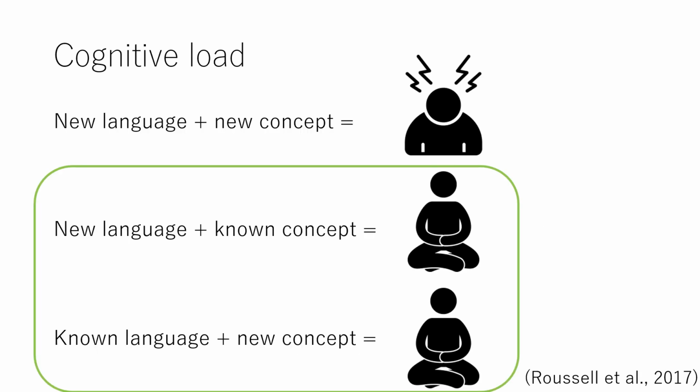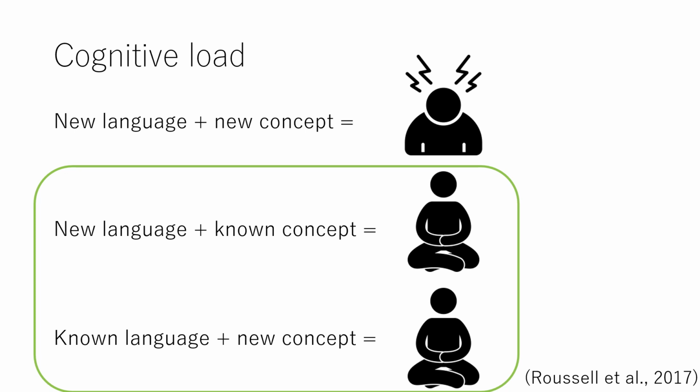So cognitive load, also important. We don't want to overload students so that they can't learn or get a fear of learning. So trying to teach new languages and new concepts at the same time tends to lead to overload. So we want to go for this Goldilocks zone below.